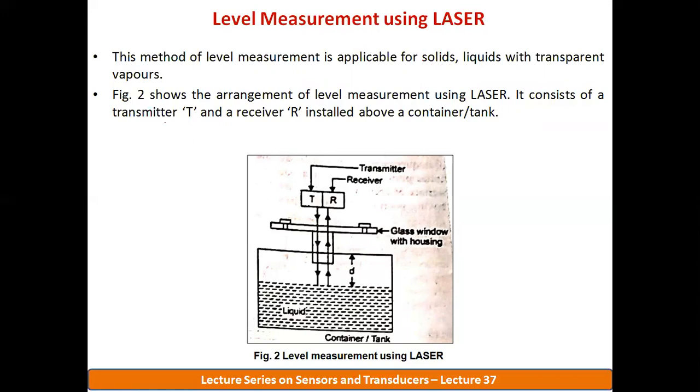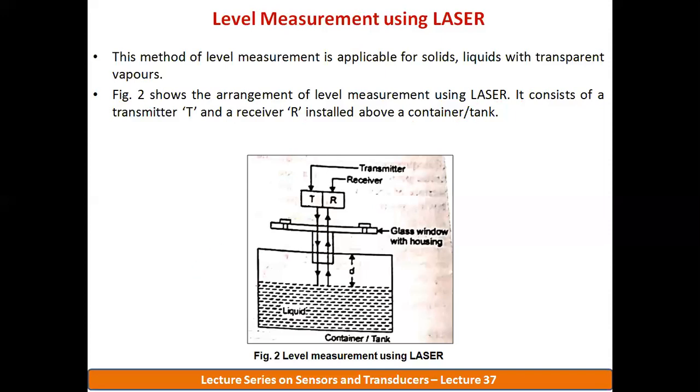Okay, so figure 2 shows the arrangement of level measurement using laser. A light beam is transmitted by a laser. It consists of a transmitter T and a receiver R installed above a container.